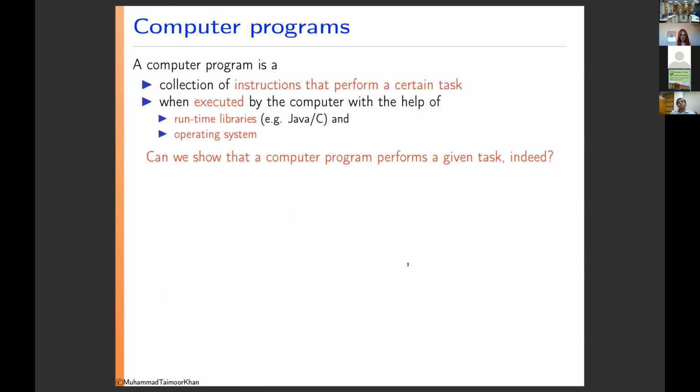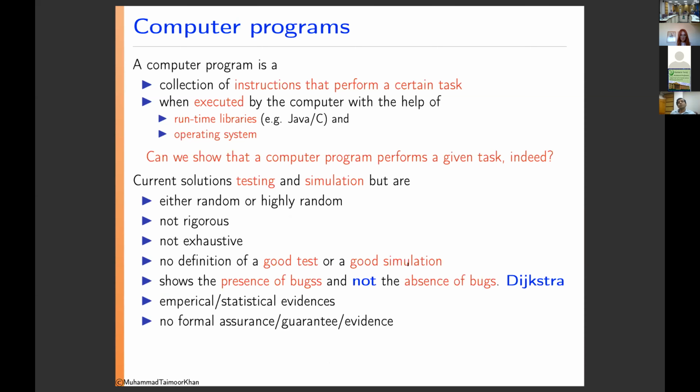Now the question is very weird, and the answer is that yes, probably we can. But the current techniques through which we can say that the program does the job we desired are testing and simulation. Unfortunately, they are both random or highly random. They are not rigorous, they are not exhaustive, and there is no definition of a good test or a good simulation.